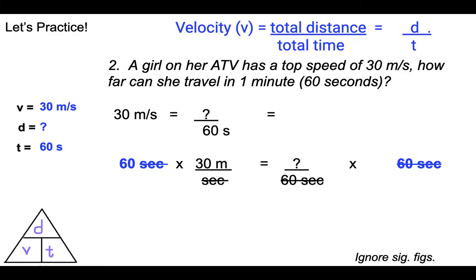That'll cancel out the 60 seconds on one side of the equation and just leave our unknown distance over there. And if we multiply by 60 seconds, you'll see that it cancels out the seconds in the unit of 30 meters per second on the left side. So now when I plug things in, I'm left with 60 times 30. 1,800 meters would be my answer.